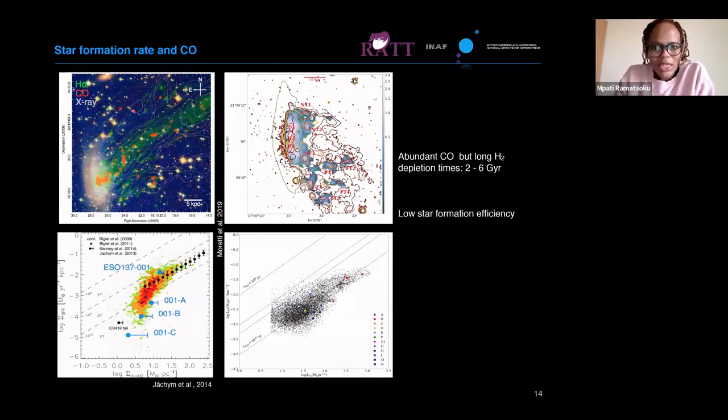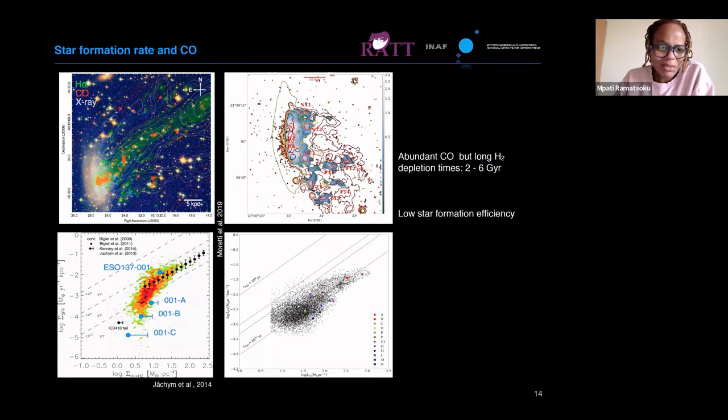But the strange thing is, when we look at the depletion times, we find that there's a lot of CO, but the depletion times are much, much longer than we would expect. So we're seeing CO depletion times of 2 to 6 gigayears. So when we ignore H1 and we only look at CO, these galaxies seem to have lower star formation efficiency. So what is going on?